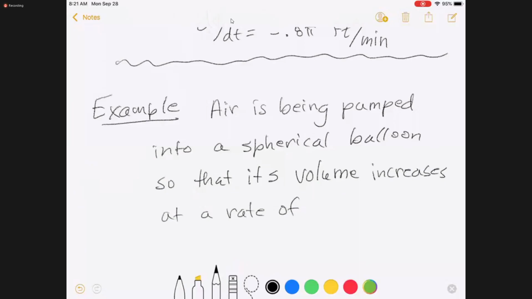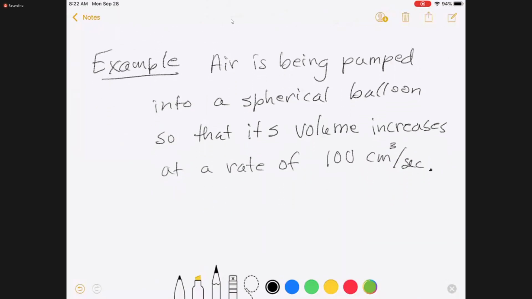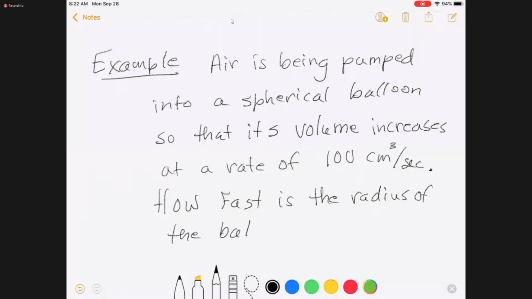Let's see, what are our units? 100 cubic centimeters per second. Okay, so you're given dV/dt here. We would like to know how fast is the radius of the balloon increasing when the diameter is 50 centimeters.